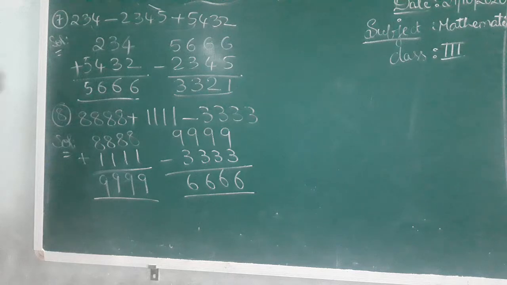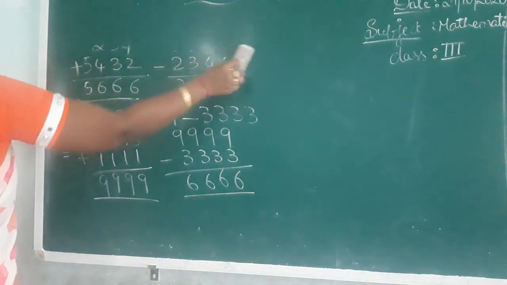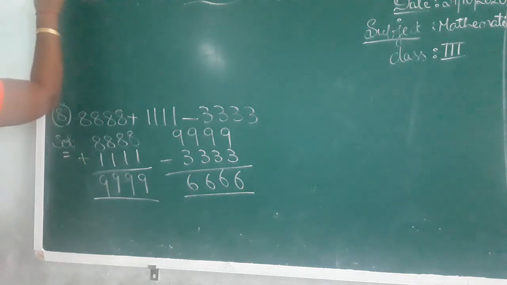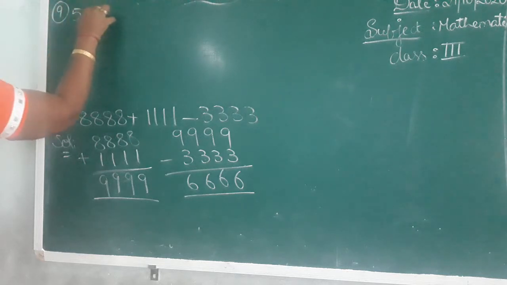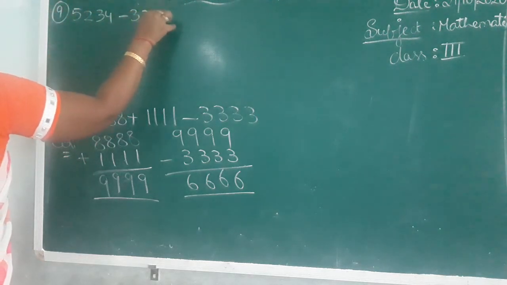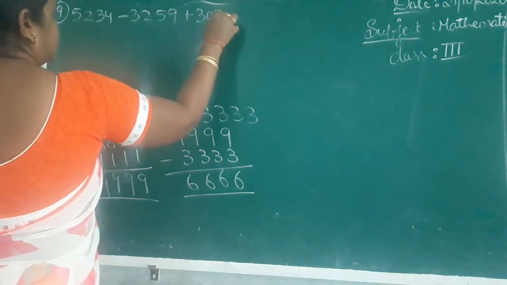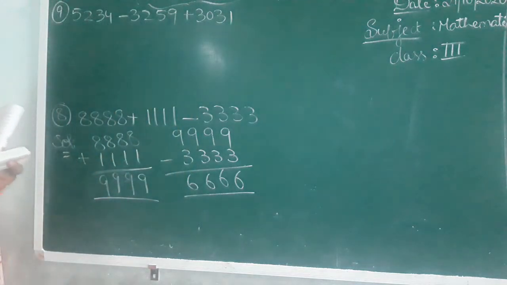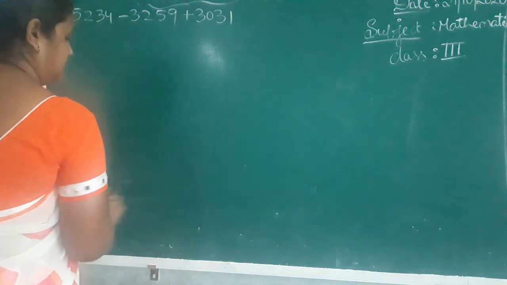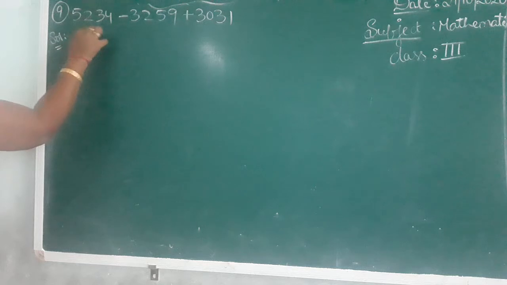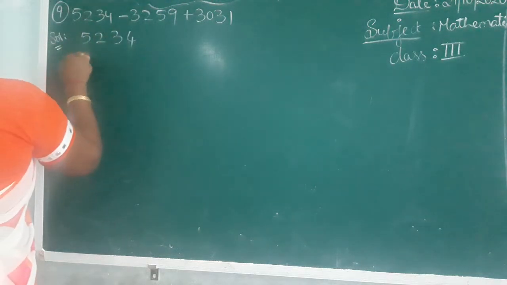5,234 minus 3,259 plus 3,031. See that. 5,234 plus 3,031.